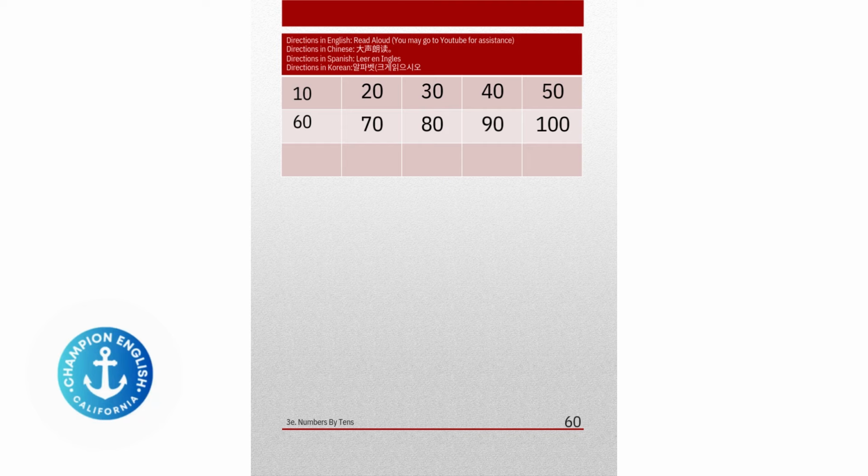So counting is so important, being able to count from 1 to 10, being able to count from 1 to 20, and also being able to count by tens. So right now we're going to do this together and we are going to practice counting by 10.